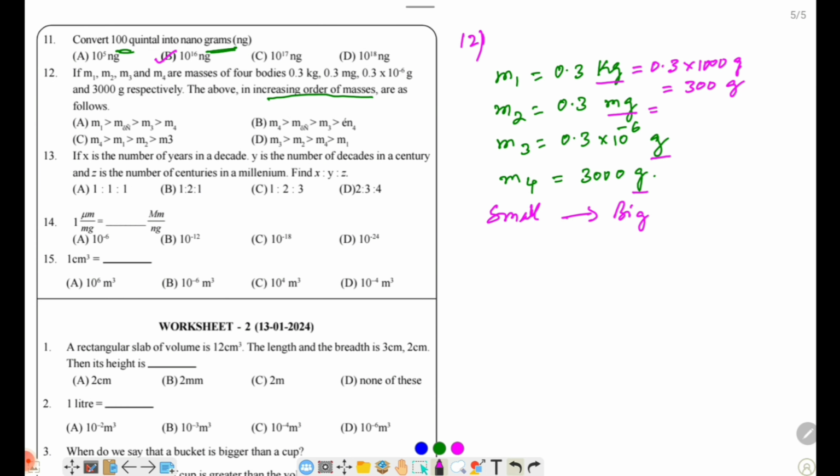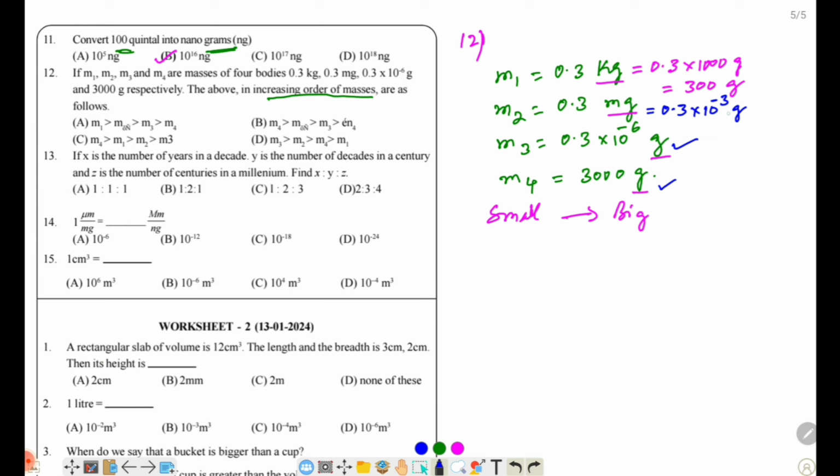So you can write it as 0.3 times 10 to the power minus 3 grams. And M3 is minus 6 gram. This is 3000 gram. First, let us see the smaller one. So here M3 is 0.3 into 10 power minus 6 and M2 is 0.3 into 10 power minus 3.